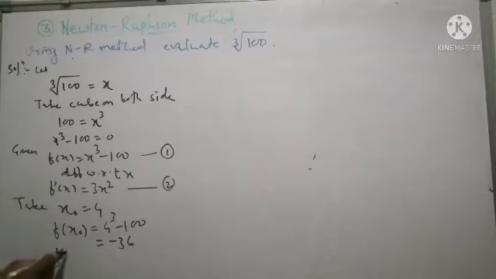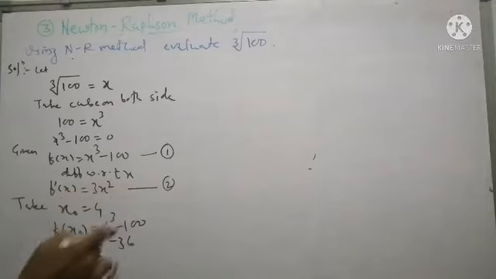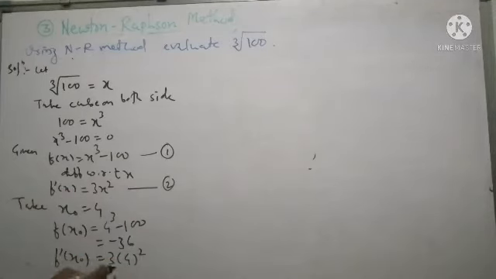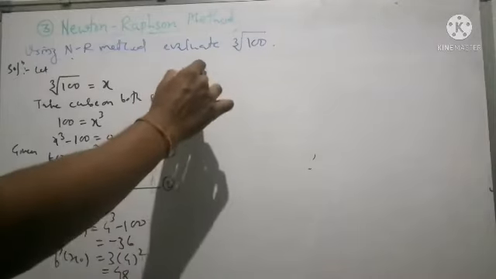And f dash x0, the first order derivative of the function, put x equal to 4 in the right hand side of equation number 2, so we get 3 into 4 square. As 4 square is 16, into 3 is 48.